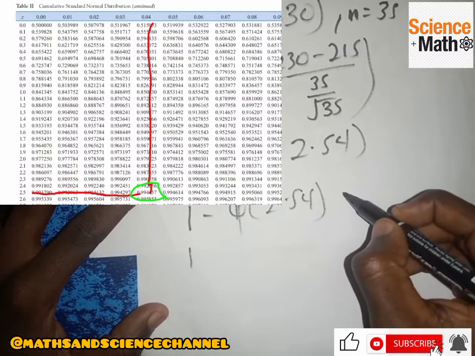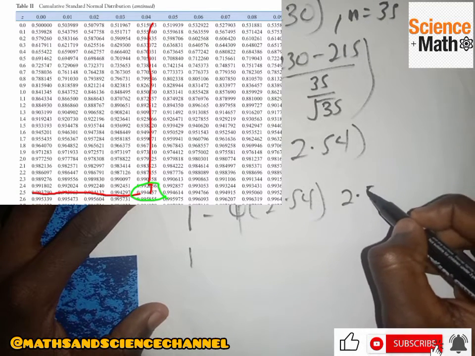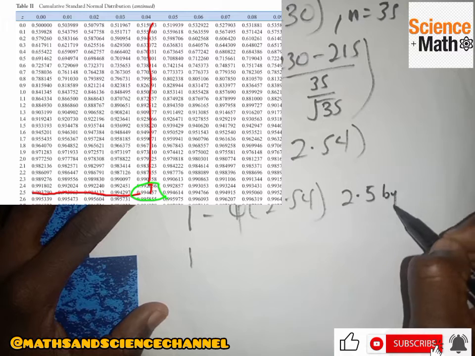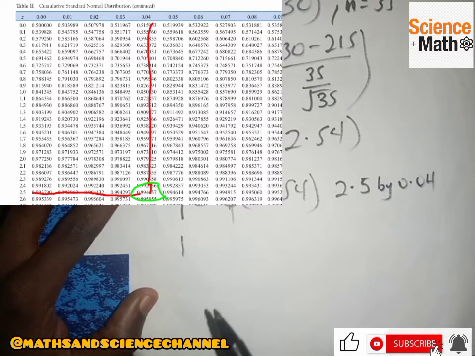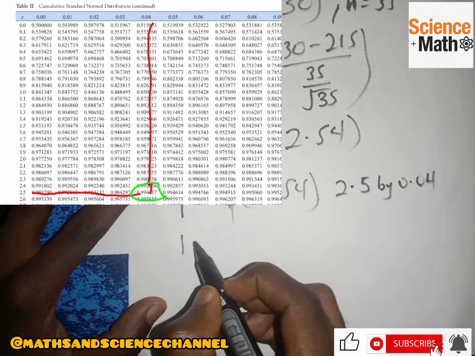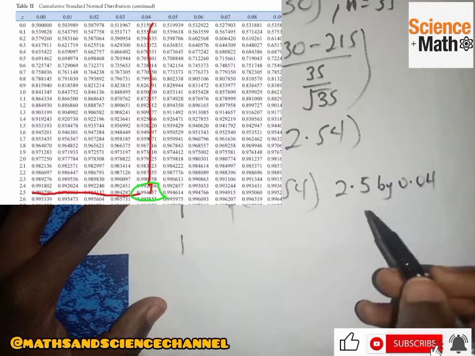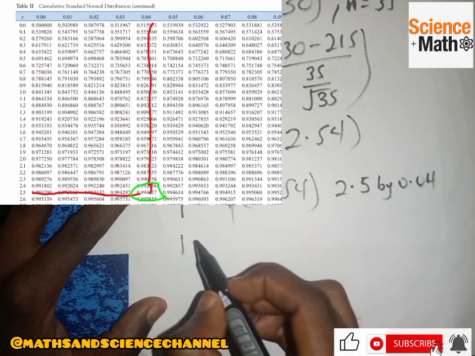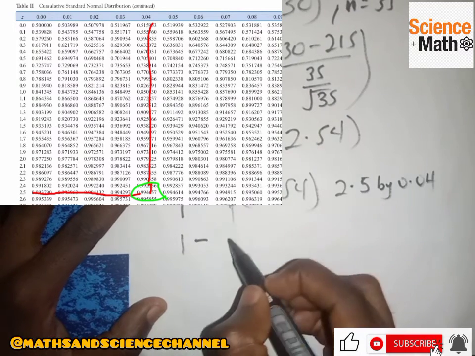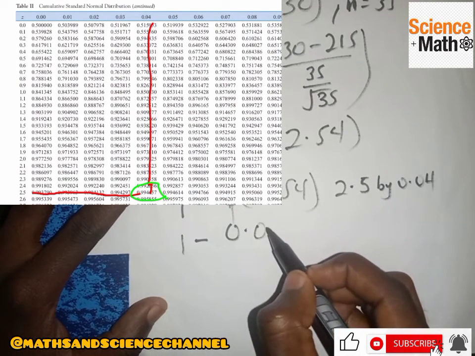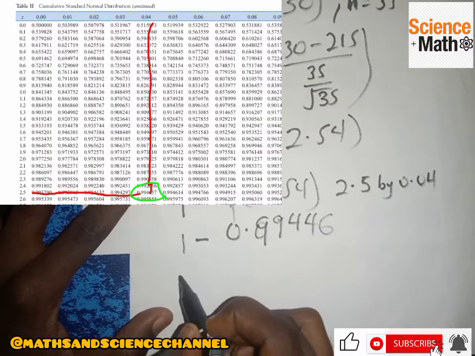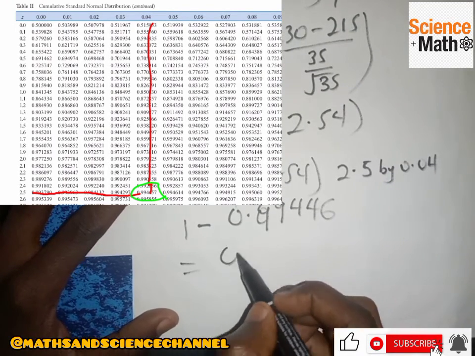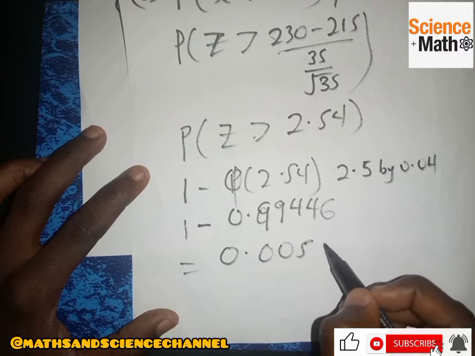So we look at it by 2.5 by 0.04 in this case. If it is 2.5 by 0.04, then as you can see on the screen, we have this part to be 0.99446, and then when we subtract this from 1, we are going to get 0.00554.